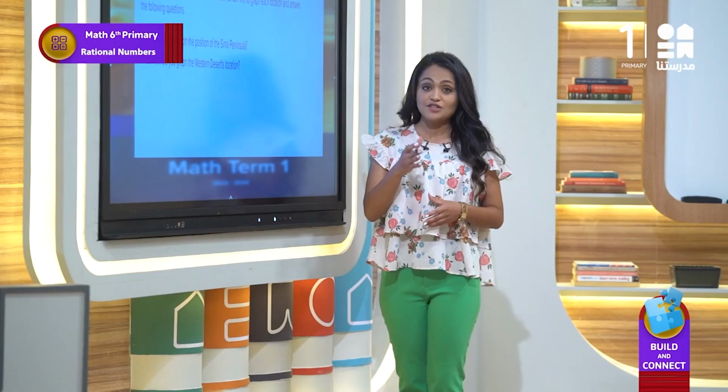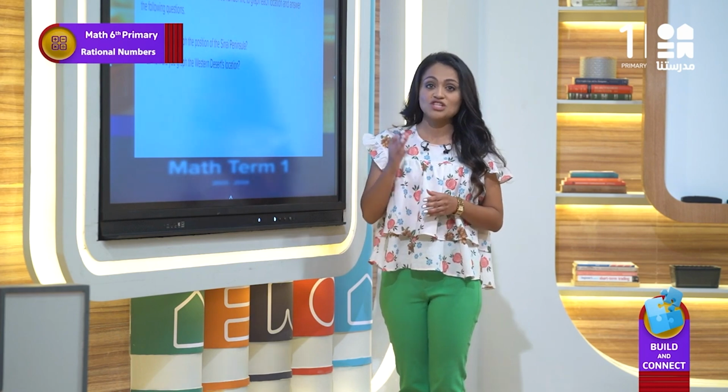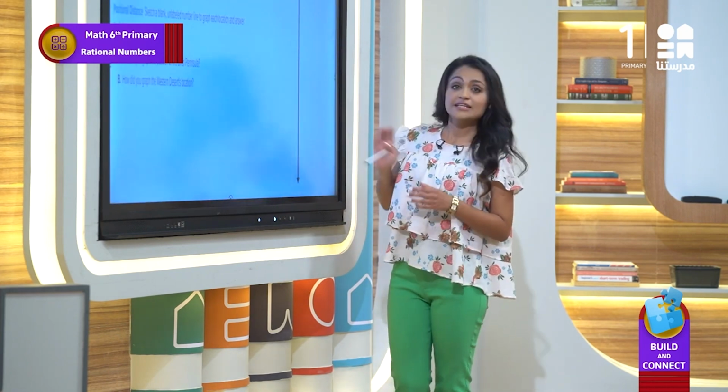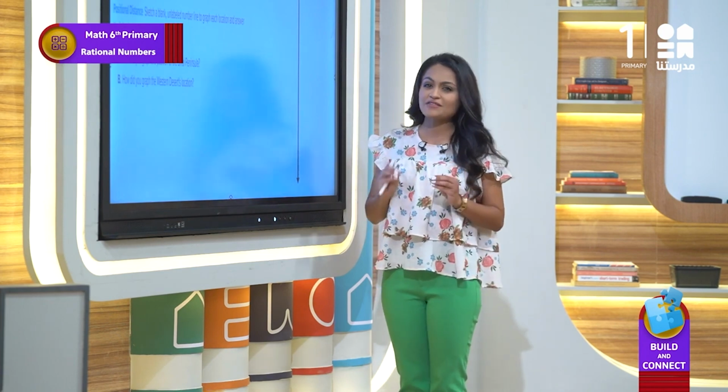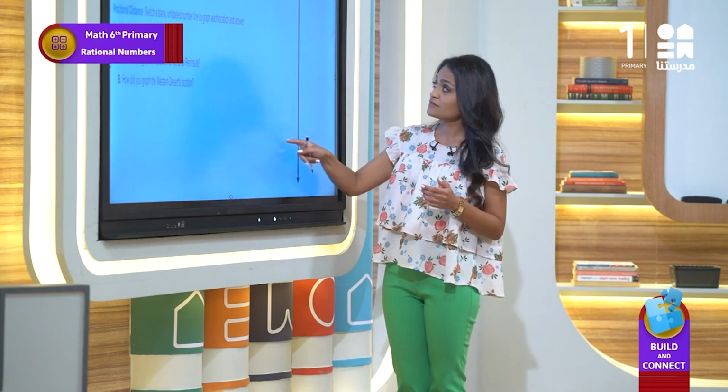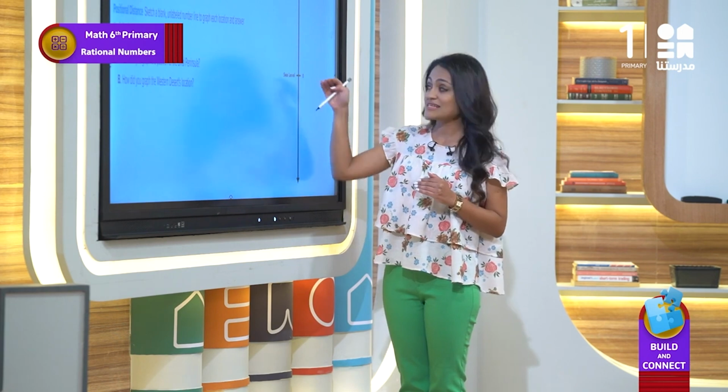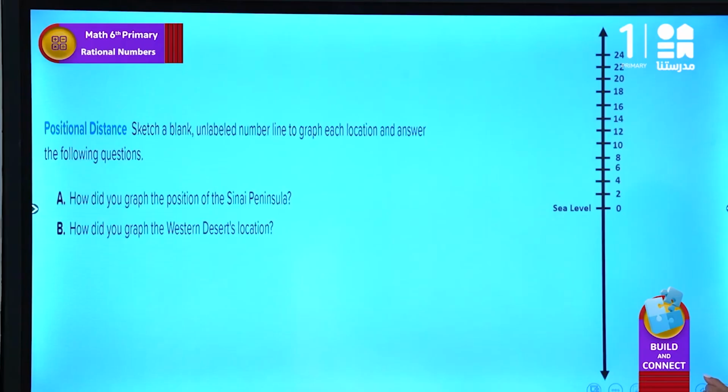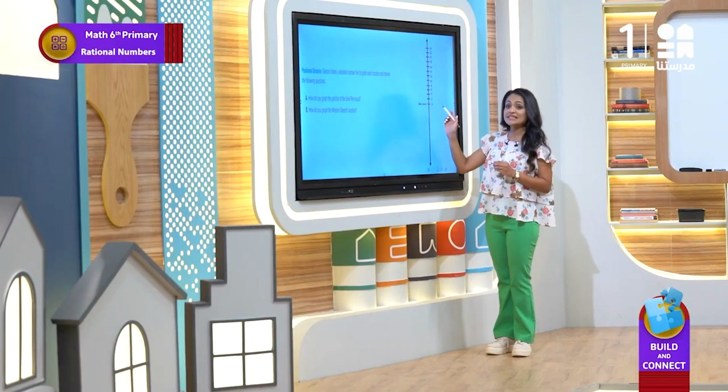Let's draw. First, we need to identify the position of 0 on the line. Since we have elevations above and below the sea level, the point represents 0, as you see here, is the sea level.